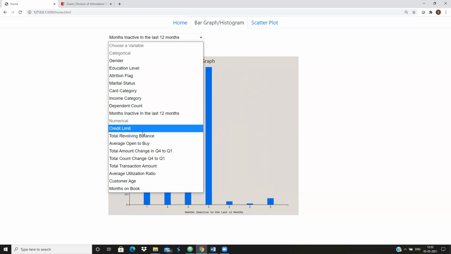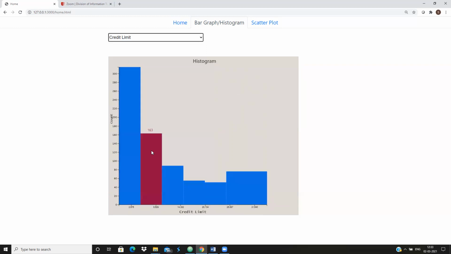So let's start with credit limit. As you can see, even in the histogram, when I hover over these bins, I get to see the value, as well as the bin gets highlighted, right? Further, these bins are equivalent, and we can also change the number of bins by dragging.